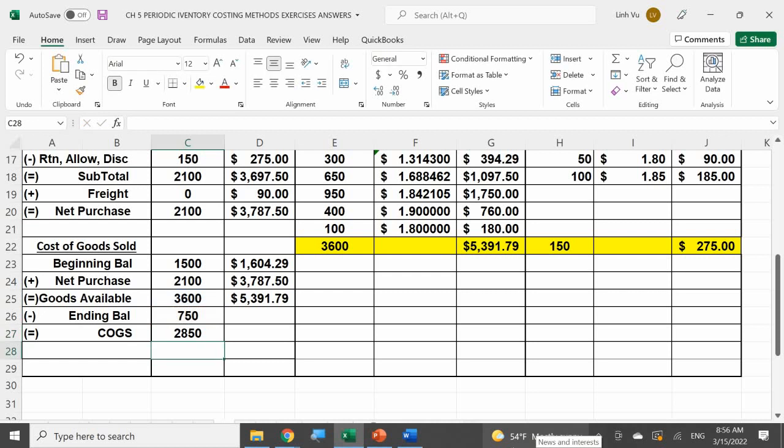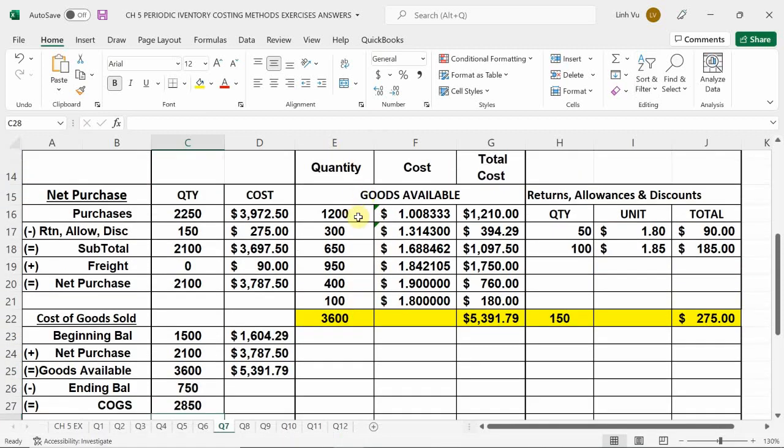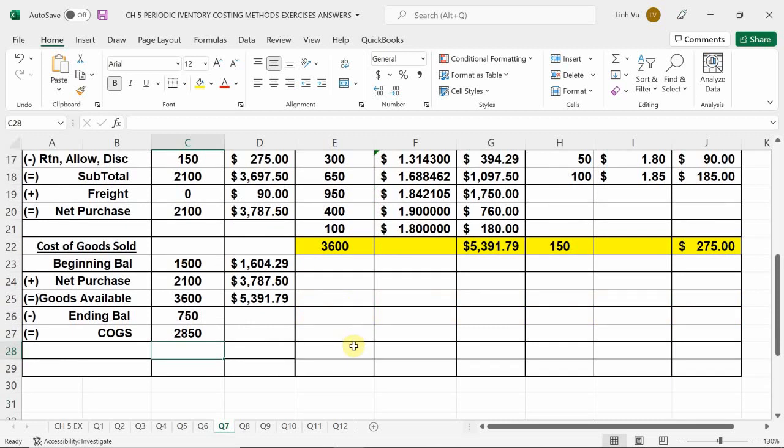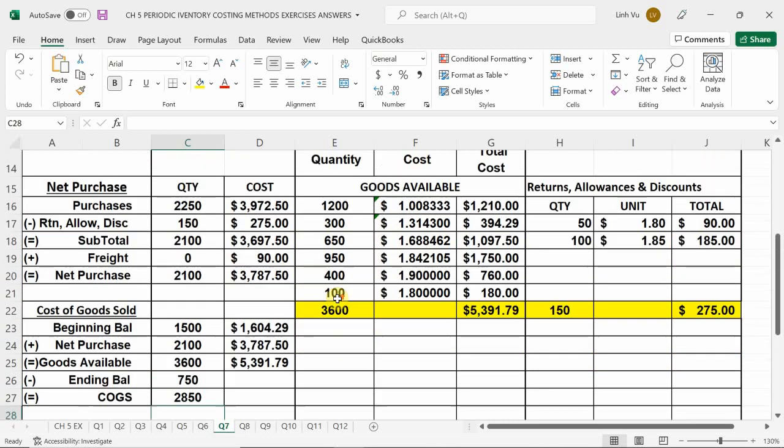We sold 2,850 units. So in this case, let's see, 2, 4, 6, 2, 4, 6.